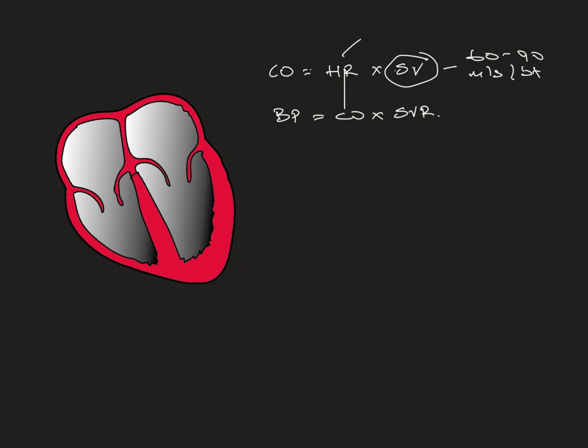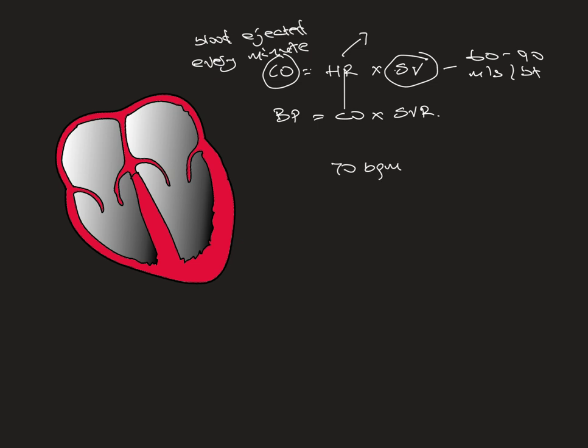Heart rate obviously is how fast the heart is beating, so heart rate times stroke volume will give us our cardiac output. So cardiac output is the amount of blood ejected every minute. So let's put some numbers on this. Let's assume, just to make the maths quite easy, that the heart rate is 70 beats per minute.